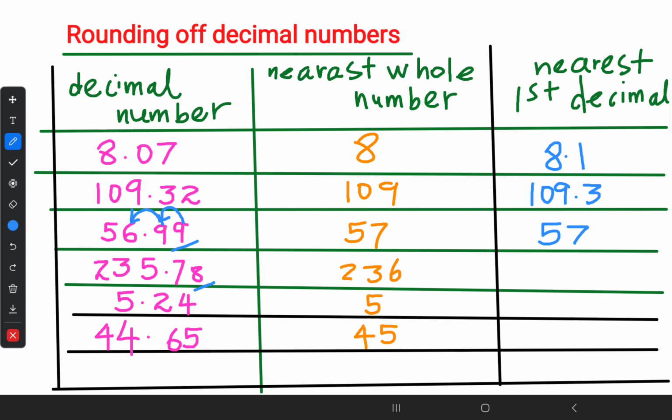It should be 235.8. Second decimal place is just 4, so 5.2 remains the same. Last question, second decimal place is 5, so I have to add 1 to that, 6. So 44.7 would be the final answer.